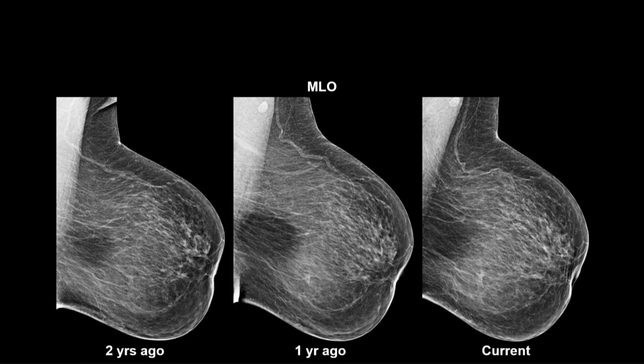So remember that when you're looking for developing asymmetry, you're not just looking at one prior. You're looking at least two priors, maybe even more priors. If you want to find the early cancers, this is what you have to do.